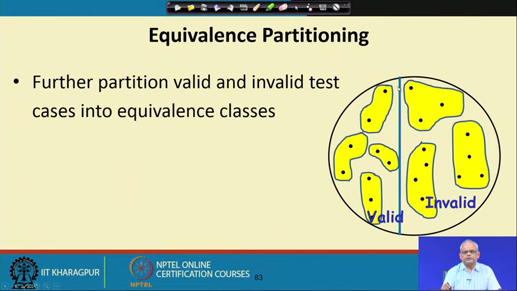So, this says that to start with, the input data will be partitioned into valid and invalid sets of equivalence classes, and in the next step we will further identify equivalence classes within the valid set and also equivalence classes within the invalid set.